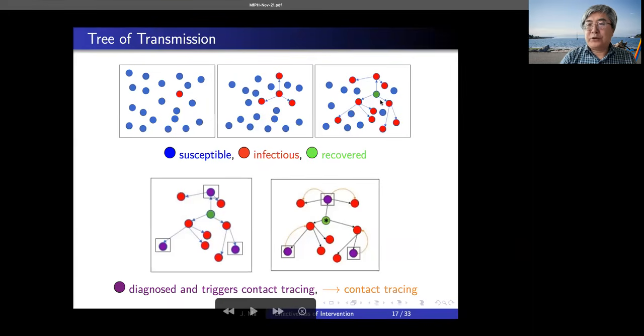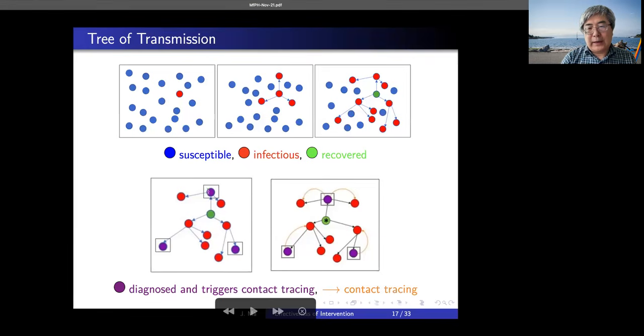Then we have a tree of transmission, and the edges just label who infected whom. So it's a transmission tree, and contact tracing actually just operates on this transmission tree.